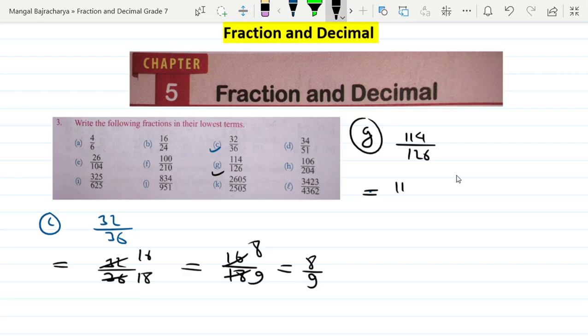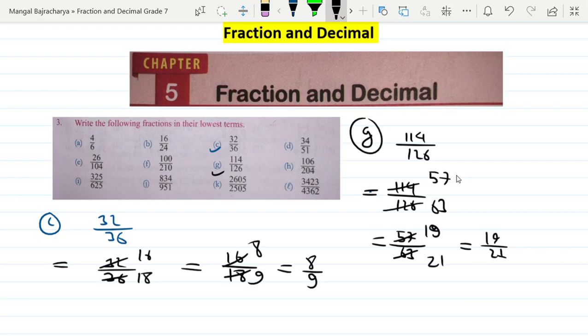So let's do that. 114 by 126, so let's cut by 2 first. 2 5s are 10, 2 7s are 14, and here 2 6s are 12, 2 3s are 6, and now we get 57 by 63, and they're divisible by 3. 3 1s are 3, 3 9s are 27, is it? And below there is 3 2s are 6 and 3 1s are 3, so 19 by 21 we got, is it?